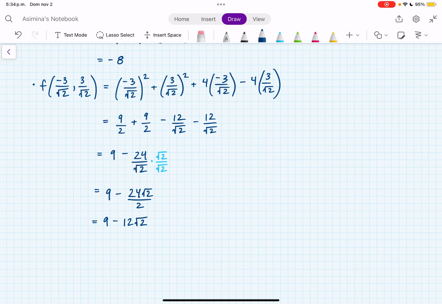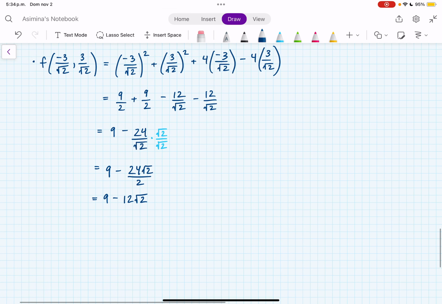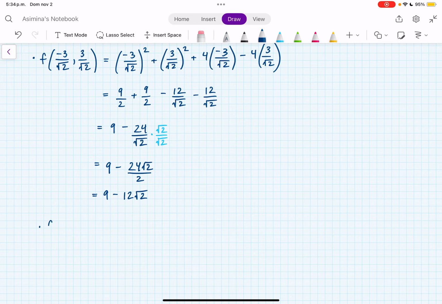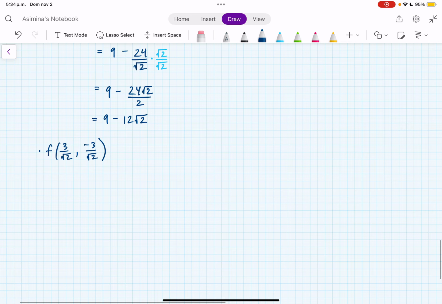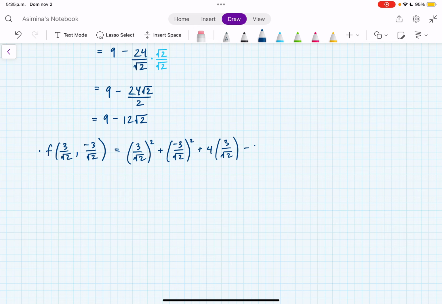Okay, great. Now we still have to evaluate f at one more point. We want to evaluate f at 3 over root 2 comma minus 3 over root 2. So this is going to be 3 over root 2 squared plus minus 3 over root 2 squared plus 4 times 3 over root 2 minus 4 times minus 3 over root 2. So similarly, we get 9 halves plus 9 halves.